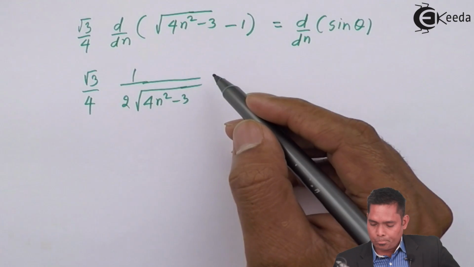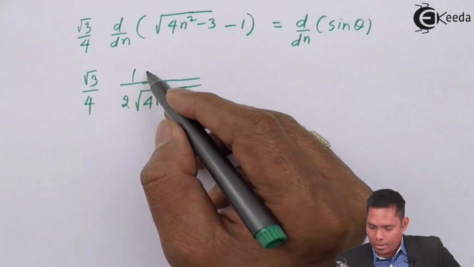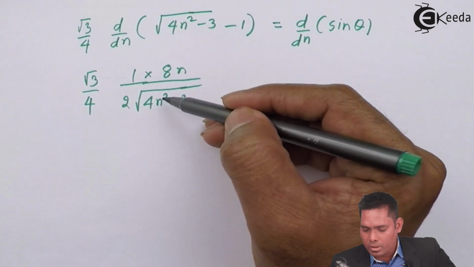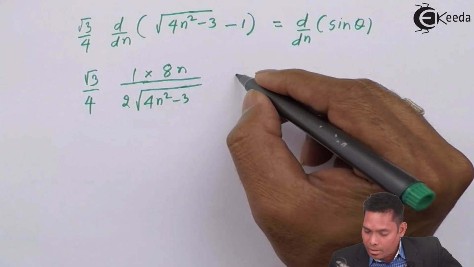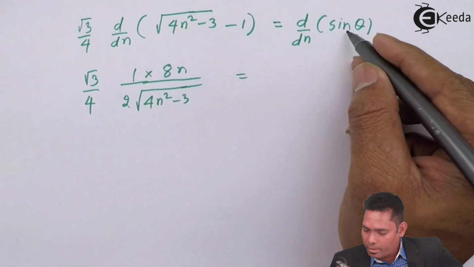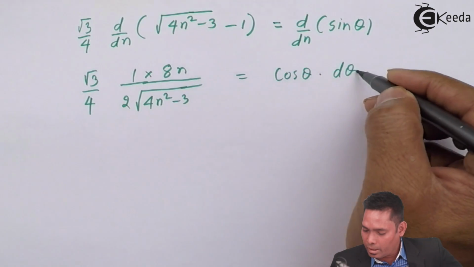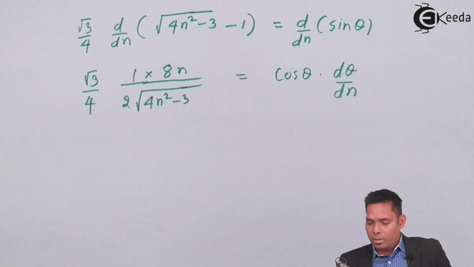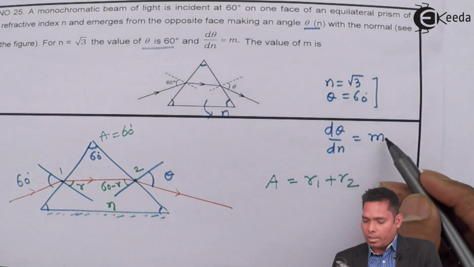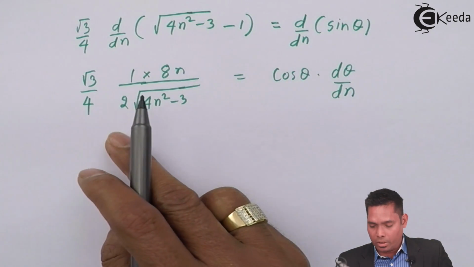And the derivative of the inside will be 8 times n, because again you take the differentiation of this value, and that is equal to cos theta times d theta over dn. This is how we differentiate. Our question was to find d theta over dn, so I'll write this side and take other things to the other side of the equation.